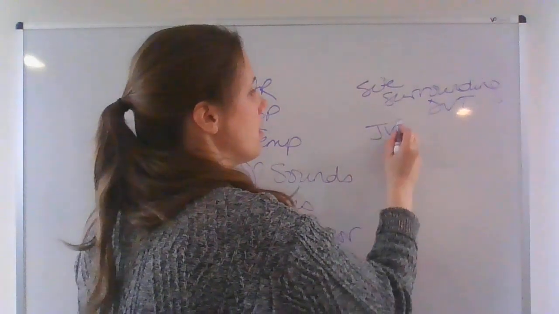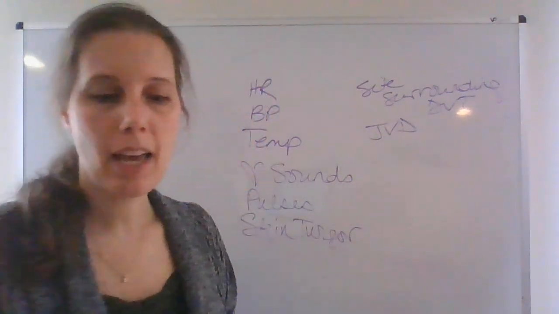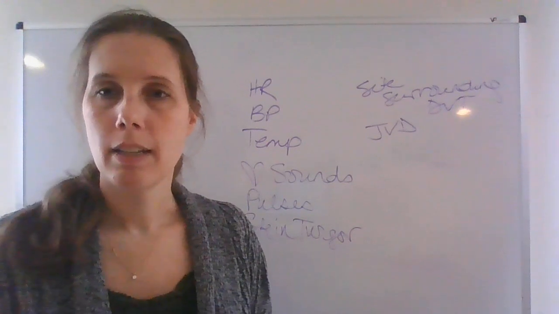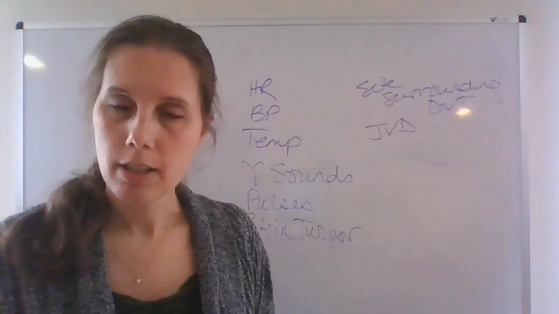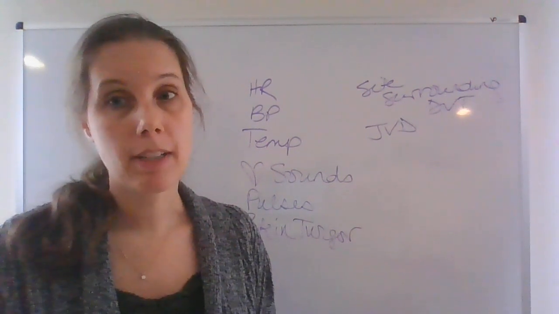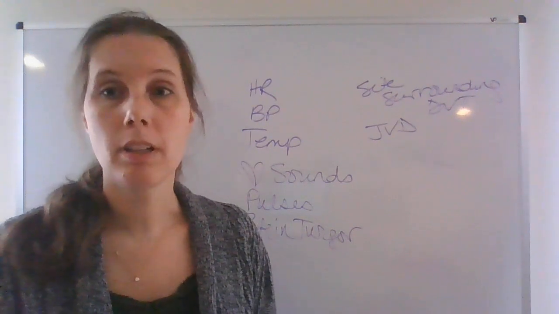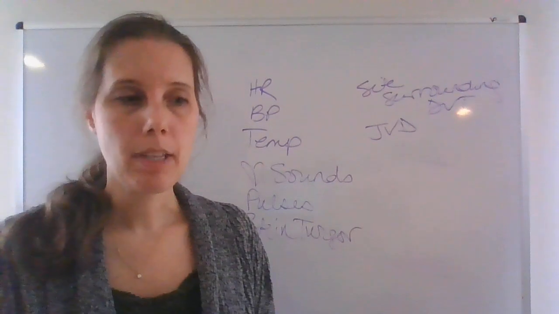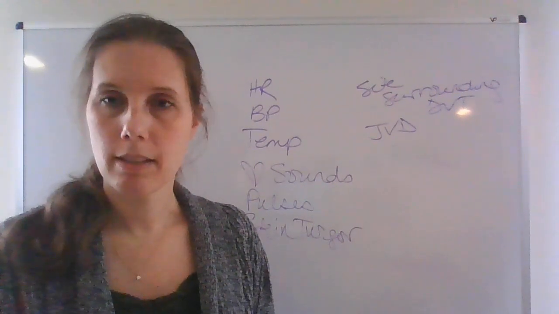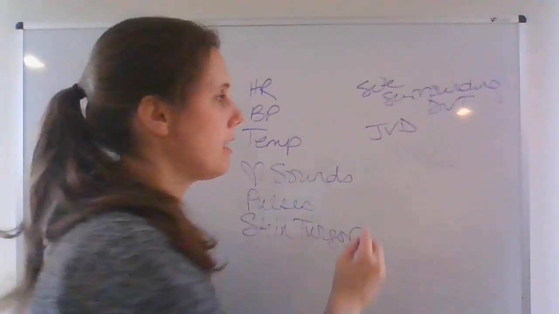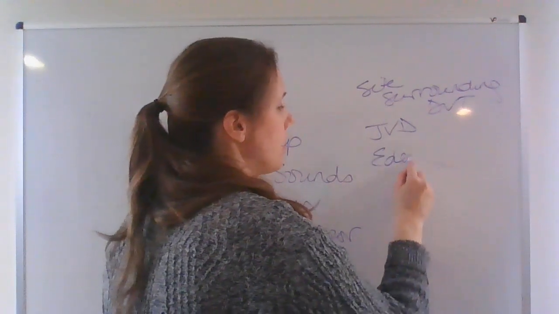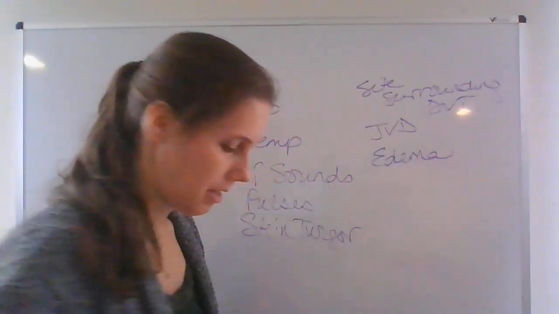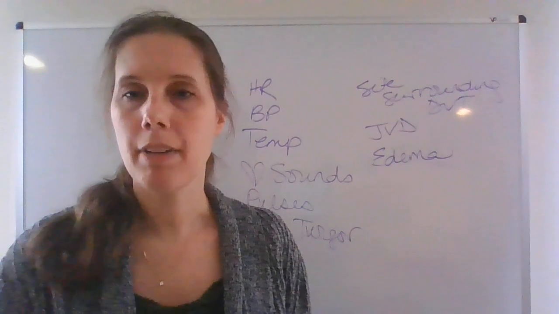How about JVD, jugular vein distension? Do they have a bruit and a thrill? And if they do, which they should, you shouldn't have jugular vein distension, but if you do, you should feel and hear a bruit and a thrill. What does it feel like and what does it sound like? How about edema? I am not talking about edema like you have angioedema.